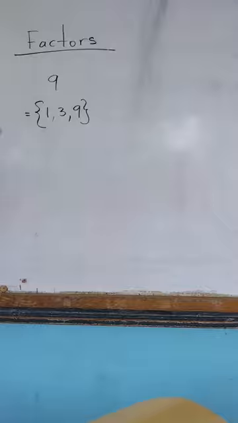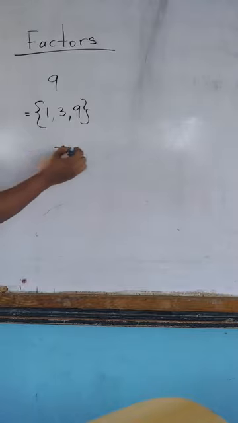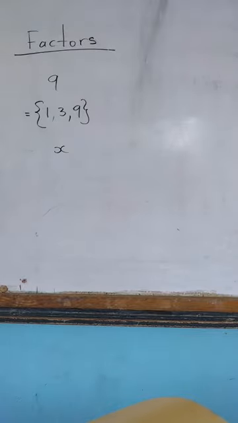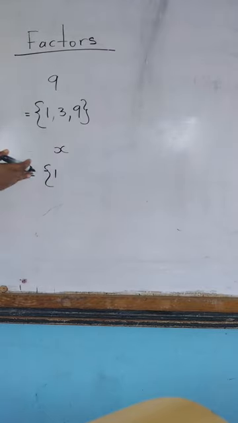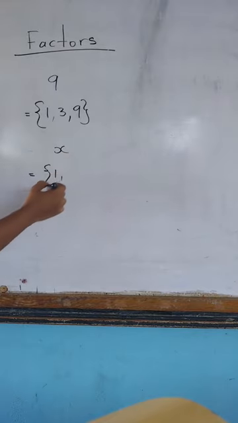So what if I look at a letter, X? I don't know the value of X. But based on what we just said, that every number is divisible by 1, whatever X is, the first whole number factor would be the number 1. I don't know the value of X, but I do know that every number is divisible by itself.